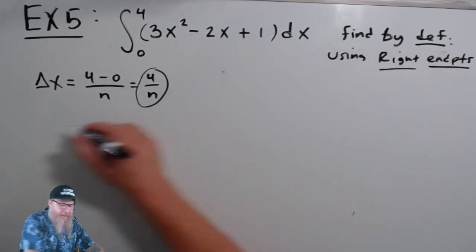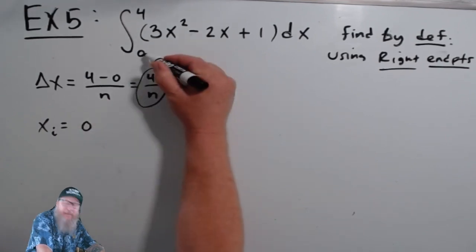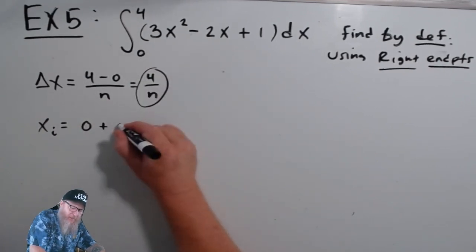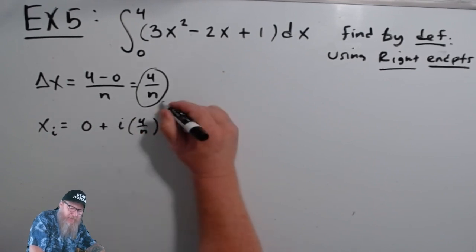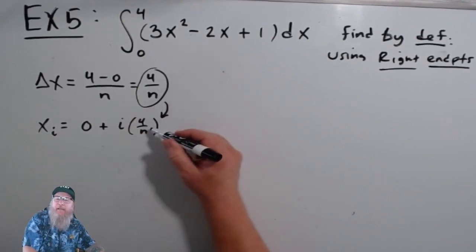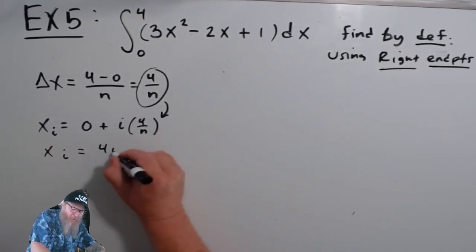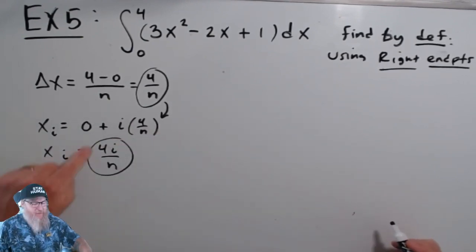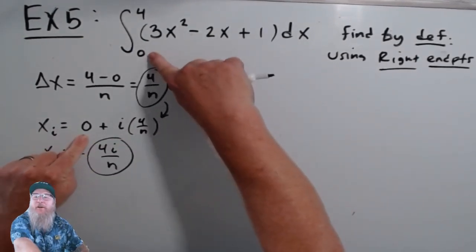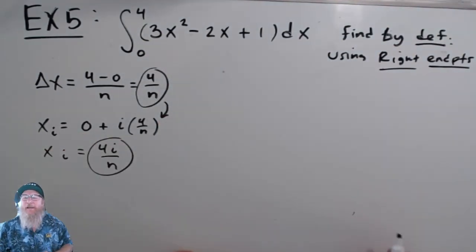We're doing right-hand endpoints, so our xi will be a, 0, plus i times delta x, which is really just 4i over n. Starting your integral with a lower limit of 0 makes it a lot easier to calculate that.